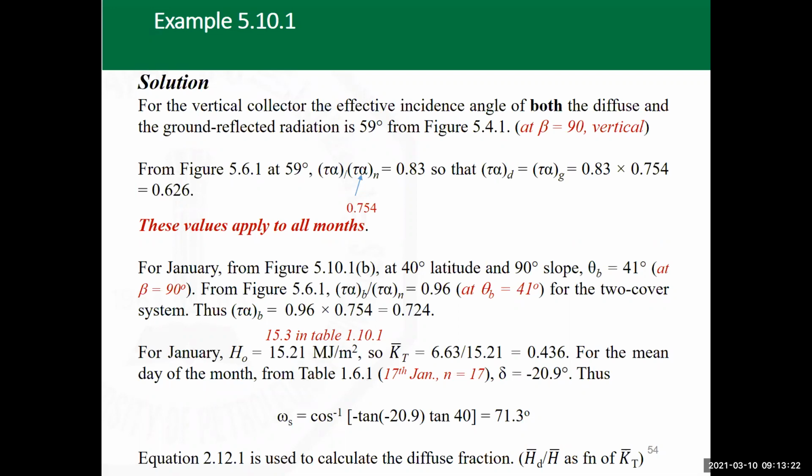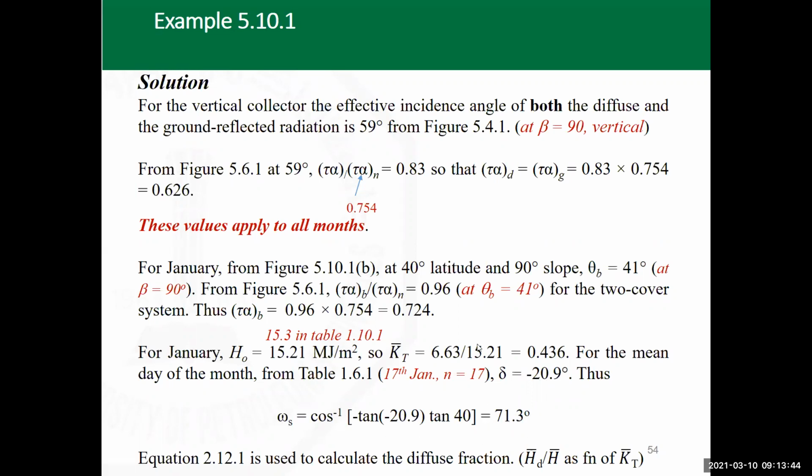We used this equation a lot to get the declination angle, which is minus 20.9. Substitute in the expression for omega s, the sunset angle, cosine omega s equals minus tan delta tan phi, and you get the sunset angle as 71.3.